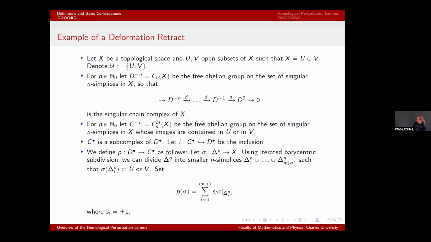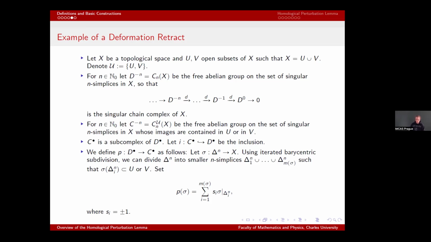Okay, now we can give an example of a deformation retract. So this is from algebraic topology. It is one way how to define and prove the existence of the Mayer-Vietoris long exact sequence in homology. So given a topological space and its open cover consisting of two open subsets U and V, we can first consider the chain complex D, which is the singular chain complex.